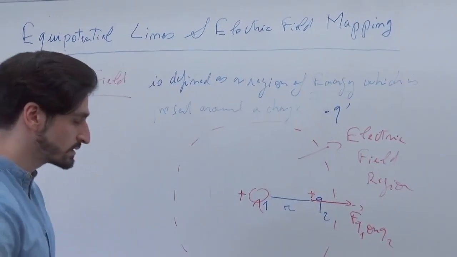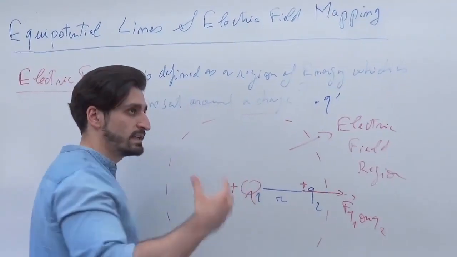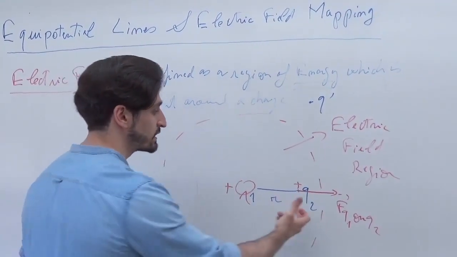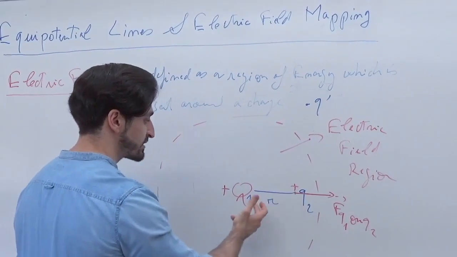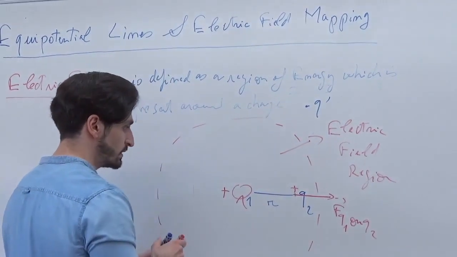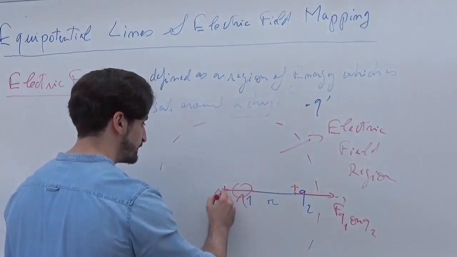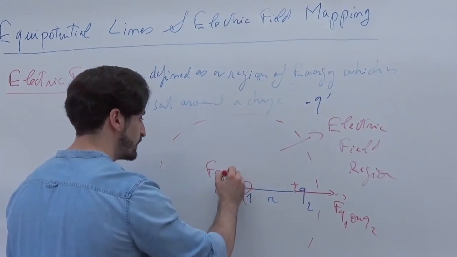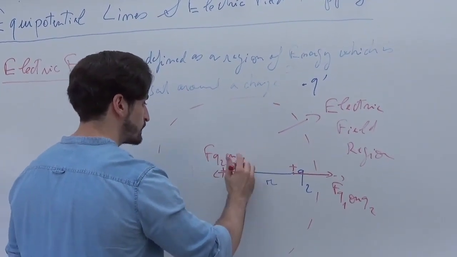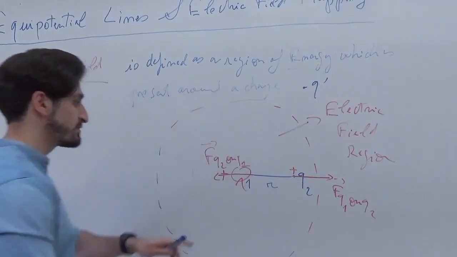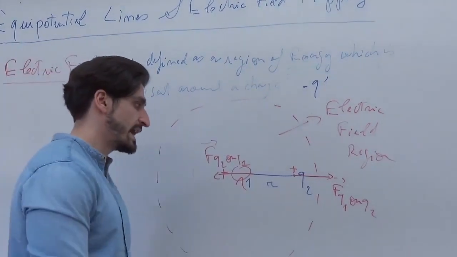In a similar manner, Q1 is going to feel the effect of a force exerted on it by Q2. So Q2 is also going to exert an electric force on Q1, directed that way, and that would be F of Q2 on Q1. As we can see, these two forces repel.